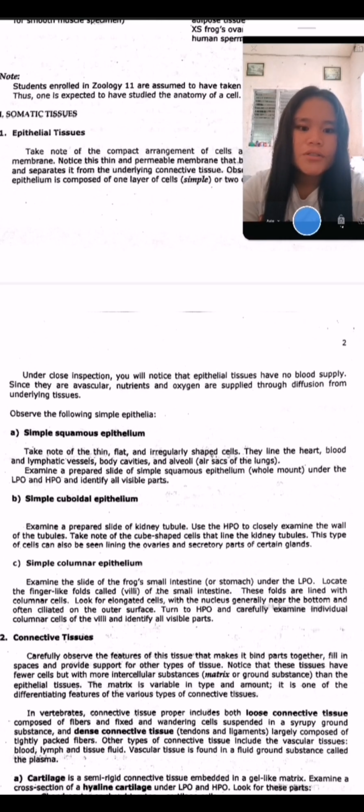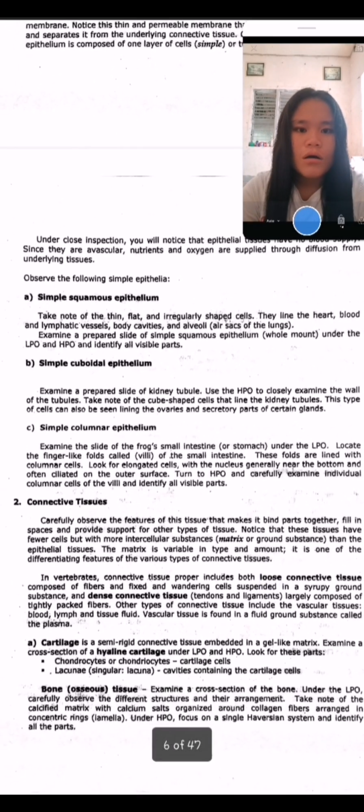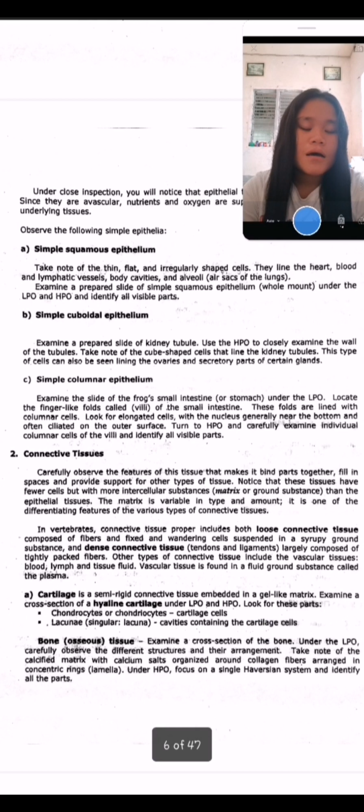Look for elongated cells with the nucleus generally near the bottom and often dilated on the outer surface. Turn to HPO and carefully examine individual columnar cells of the villi and identify all visible parts. That is what we observe in epithelia.